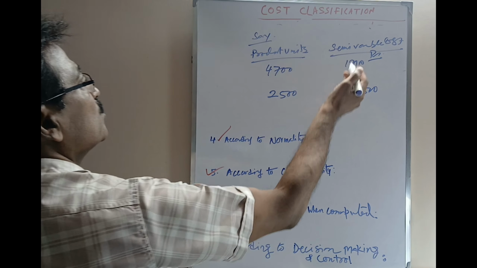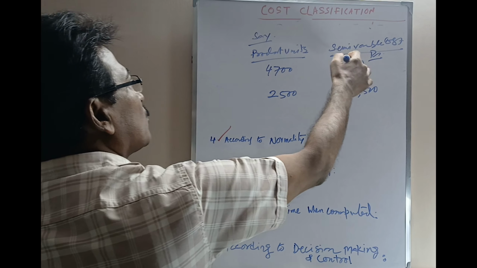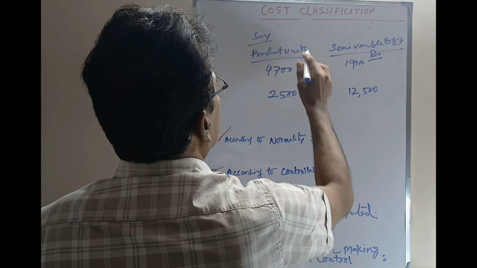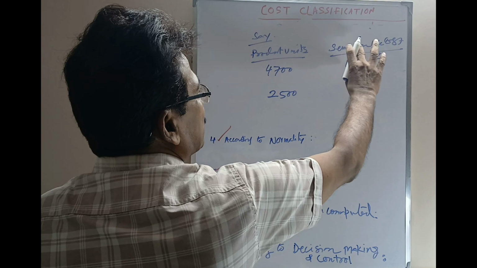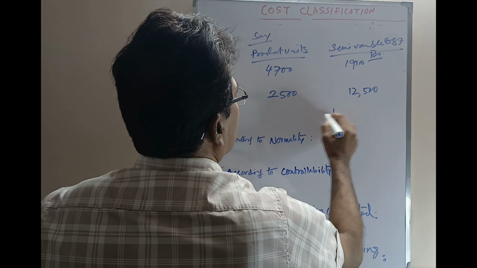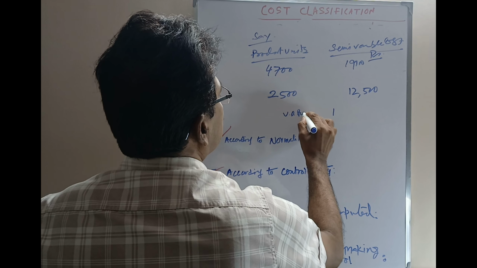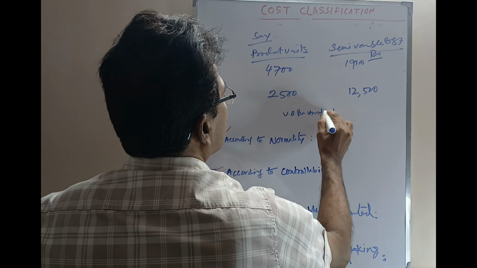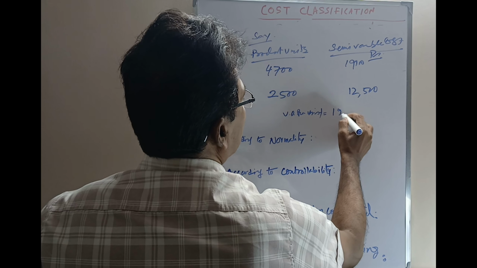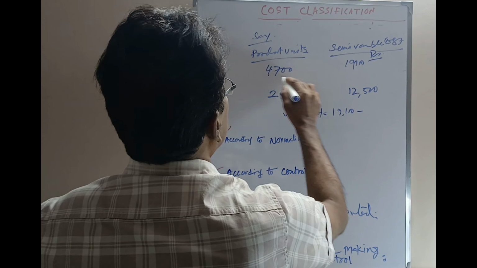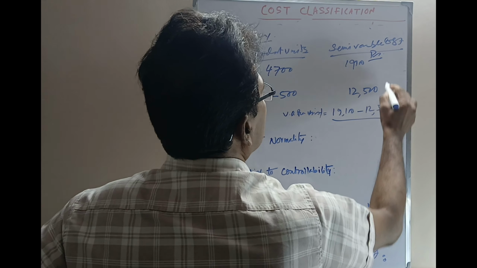Then how to segregate fixed cost and variable cost? I have already told, this is the high and low method. Variable cost per unit is equal to the difference between expenditure, 19,100 minus 12,500.